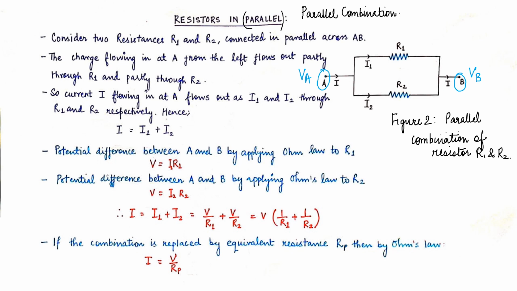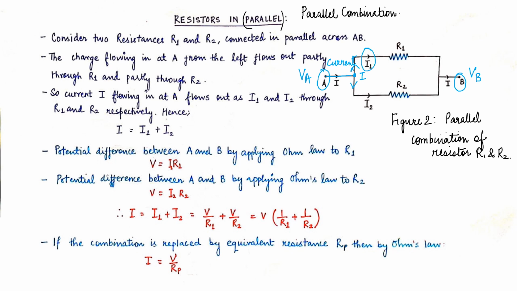From this point, current is flowing. The current which is coming up to this junction is I. Here there is a split at the junction. In this case, the number of charges per unit time will be different. Some will go up, some will go down. So the current in both the arms will be different.